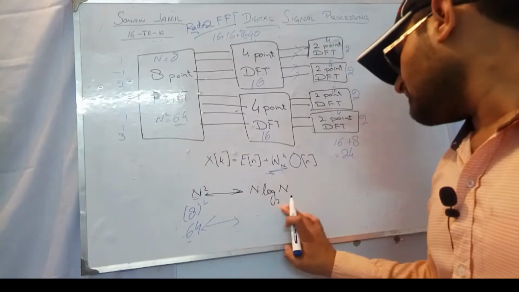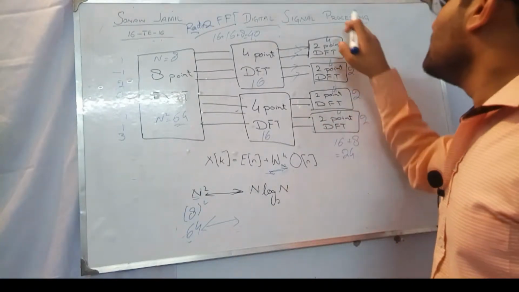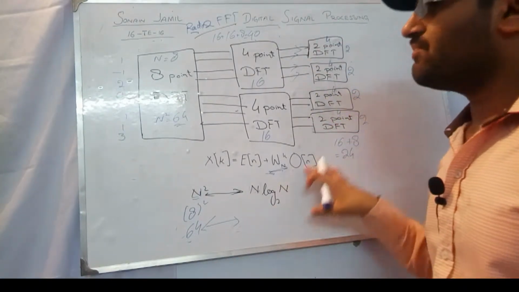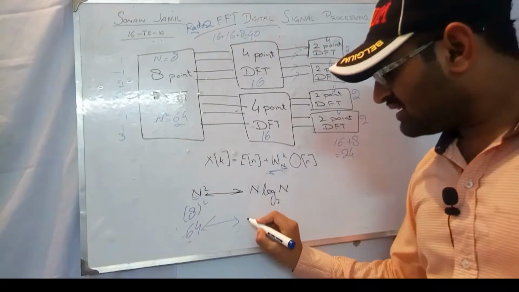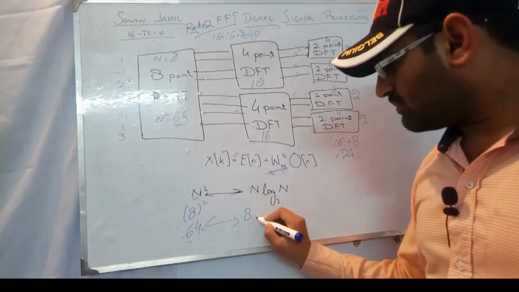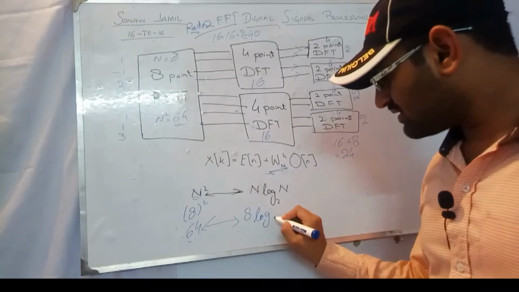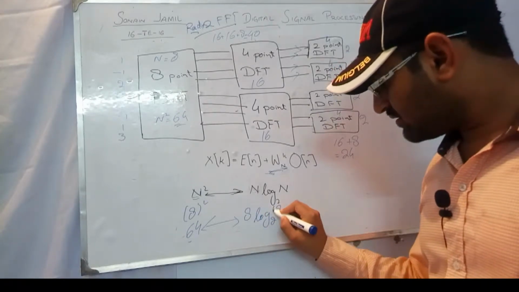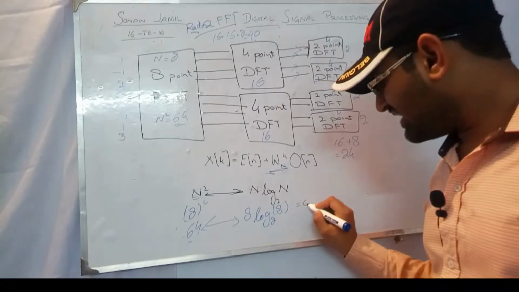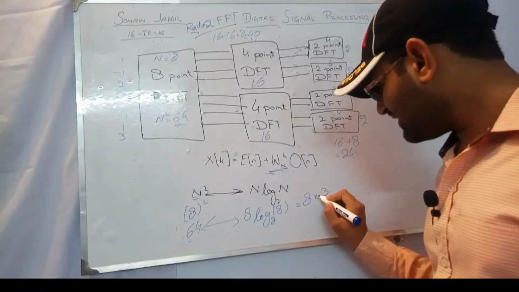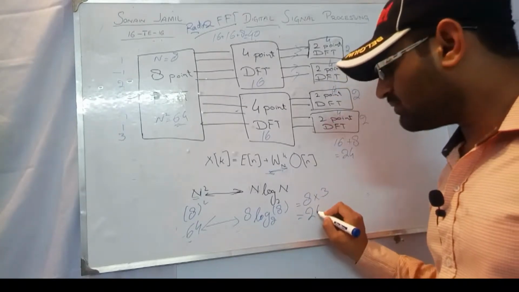But if we apply this Radix-2 FFT, it will come out to be 8 into 3, just 24.